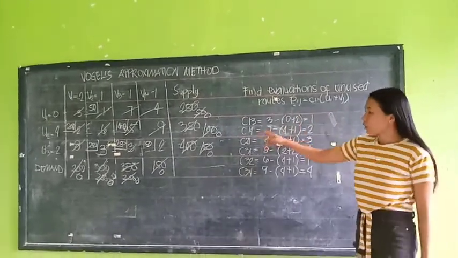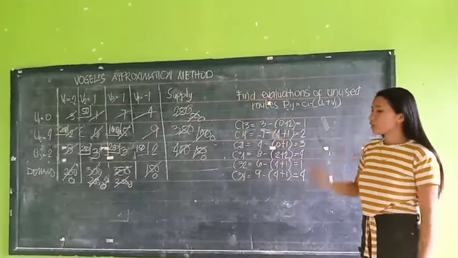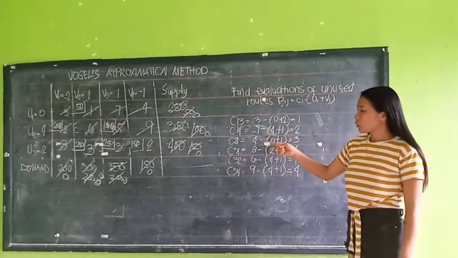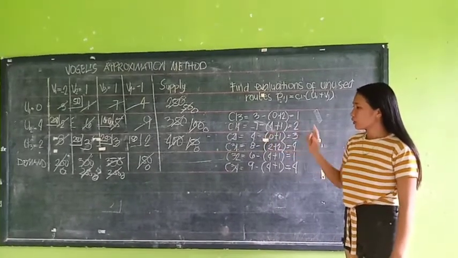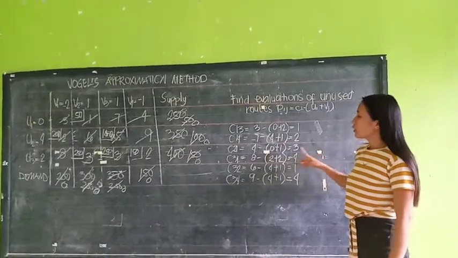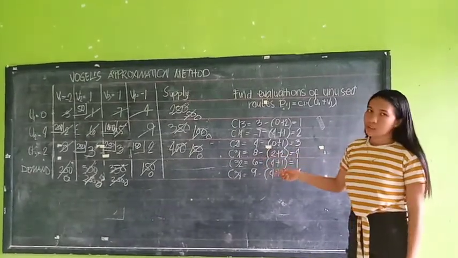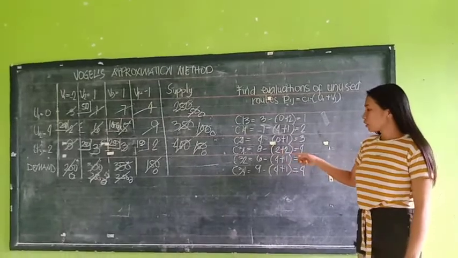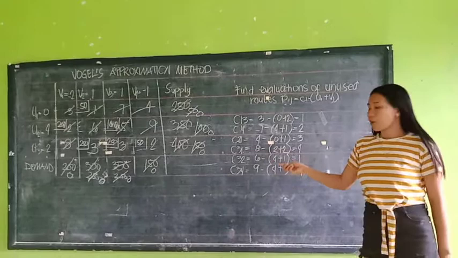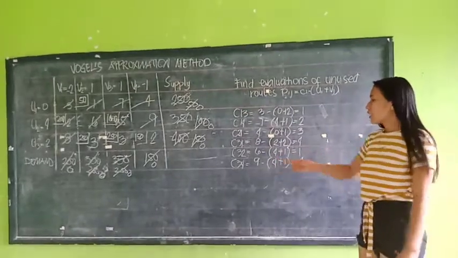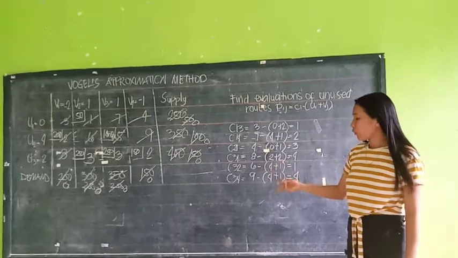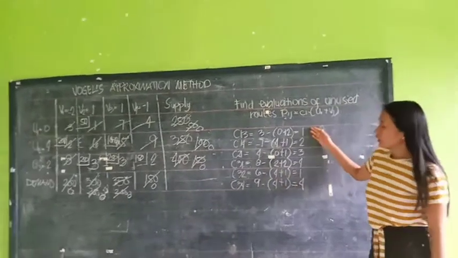And our C14, 7 minus the quantity of 4 plus 1 equals 2. And our C21, 4 minus the quantity of 0 plus 1 equals 13. And 8 minus the quantity of 2 plus 2 equals 4. And 6 minus the quantity of 4 plus 1 equals 1. And 9 minus the quantity of 4 plus 1 equals 4.